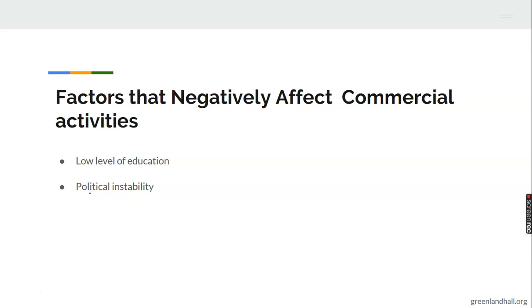We had a lot of regimes that were interrupted by military coups, by political crisis, and so on and so forth. So all this actually affected commercial activities, or did not allow commercial activities to thrive during all those trying periods.